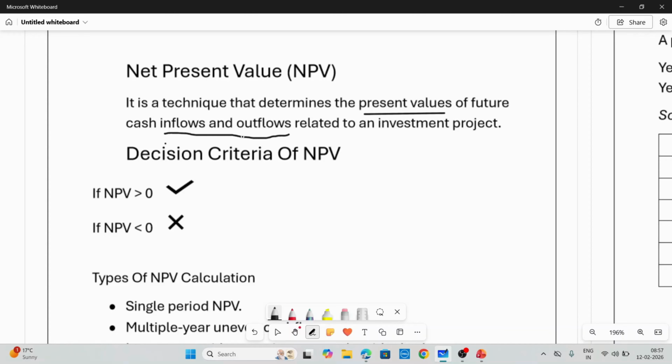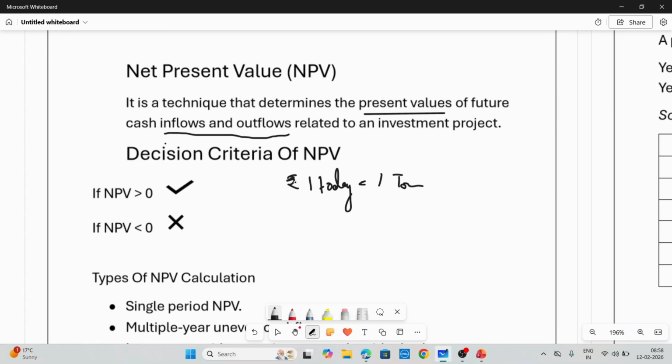to present value. For example, if we invest rupees 1 today, is that equal to rupees 1 tomorrow? No, right? That's because of inflation, risk, and opportunity costs.